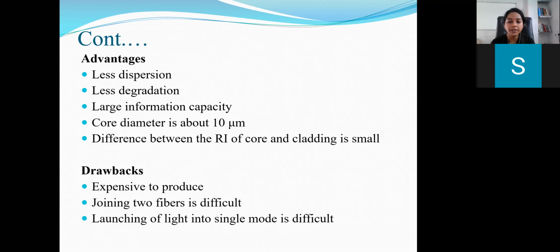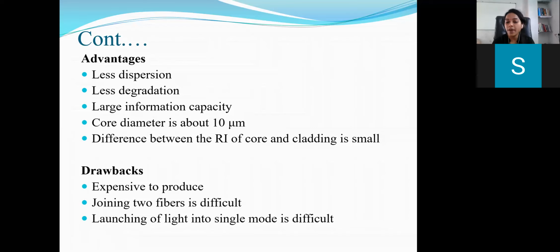Then the core diameter is about 10 micrometers, which is very small. The difference between the refractive index of core and cladding is small. If this refractive index difference between core and cladding is small, then the cable is called a single mode cable or single mode fiber.